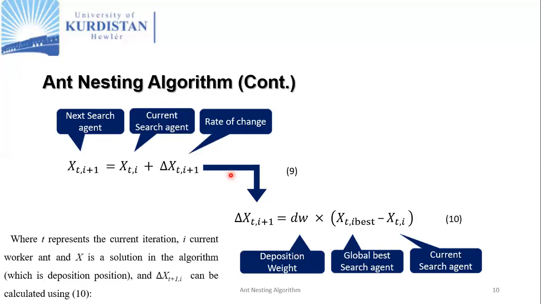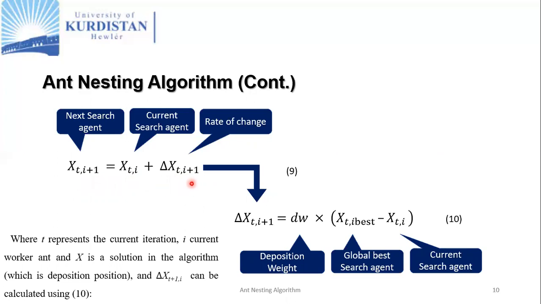This is formula 9. So the search agent, or the solution in the next iteration, equals the current search agent, which is the current solution, plus the rate of change. So every time this rate of change is added to the current search agent or current solution in order to get the next search agent or next solution.